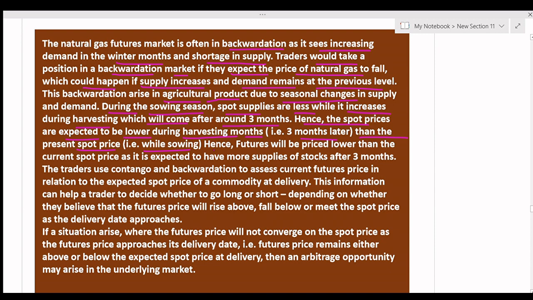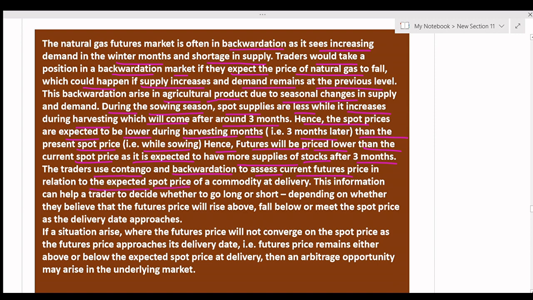Hence, future will be priced lower than the current spot price as it is expected to have more supplies of stocks after 3 months.